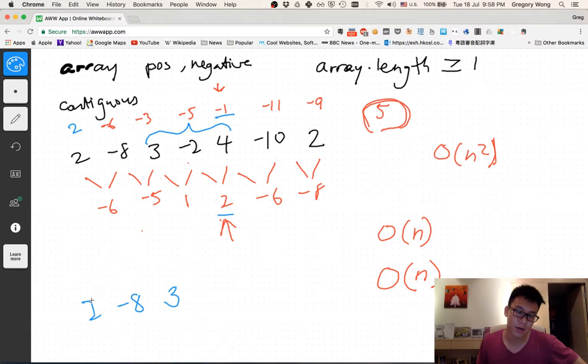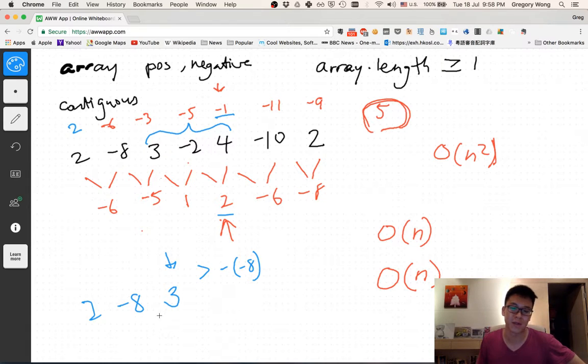So I look at -8 and see if its magnitude is smaller than 3. Basically I would be looking at this number, 3, and I would see if it's greater than -8.